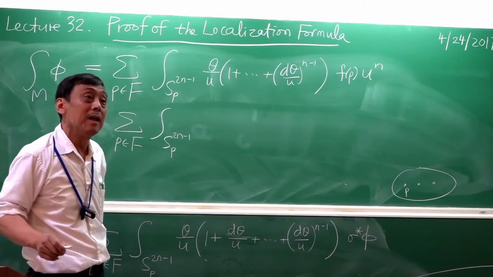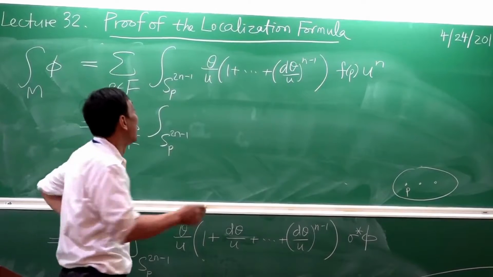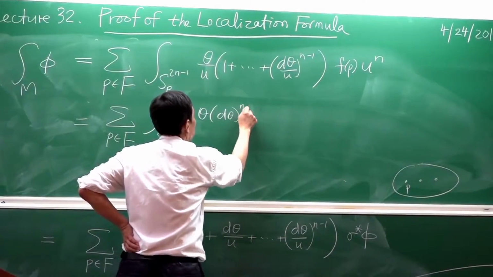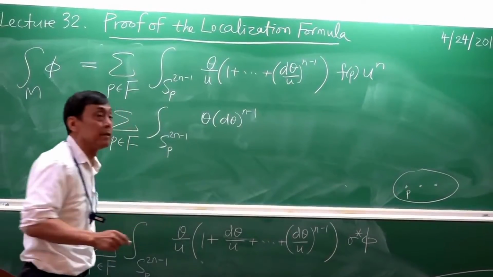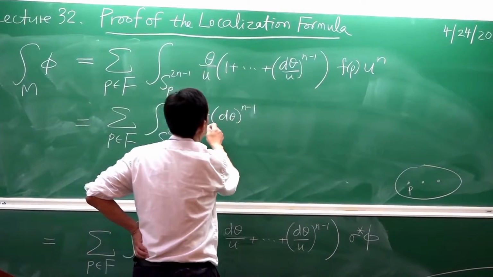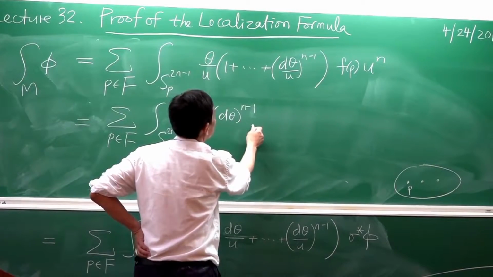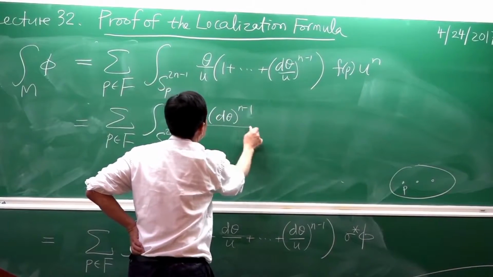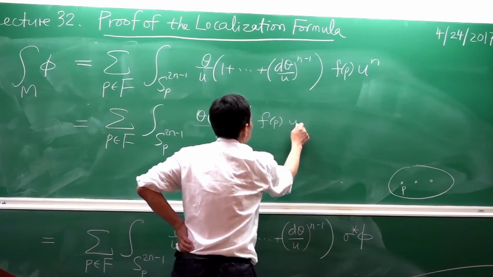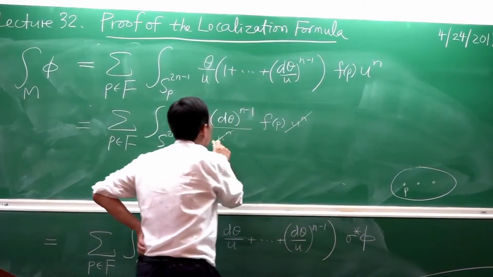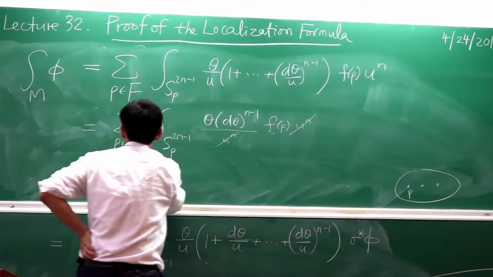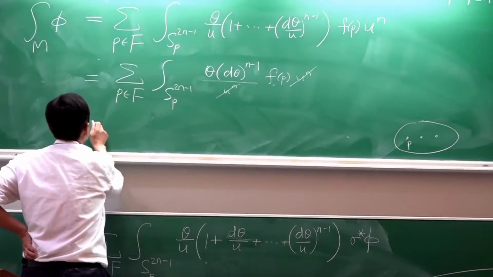Yeah, it's just theta, d theta to the n minus 1. That has degree 2n minus 1. And then this is divided by u to the n, and then you have f of p u to the n. So the u to the n will cancel. And f of p is a constant, so it comes out.